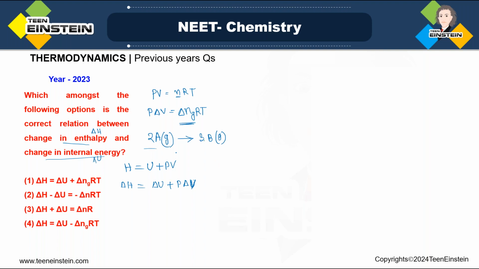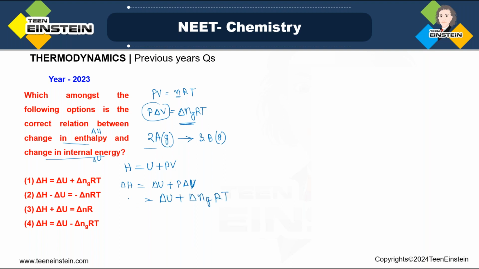That is the difference: final total number of gaseous moles minus total number of gaseous molecules before the reaction. So here del n g value is 3 minus 2. So this is the meaning of del n g. So in place of P del V, now you can put.